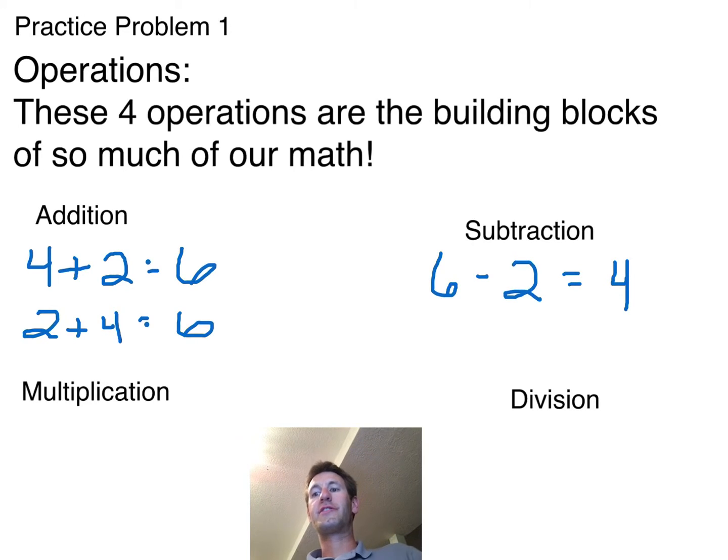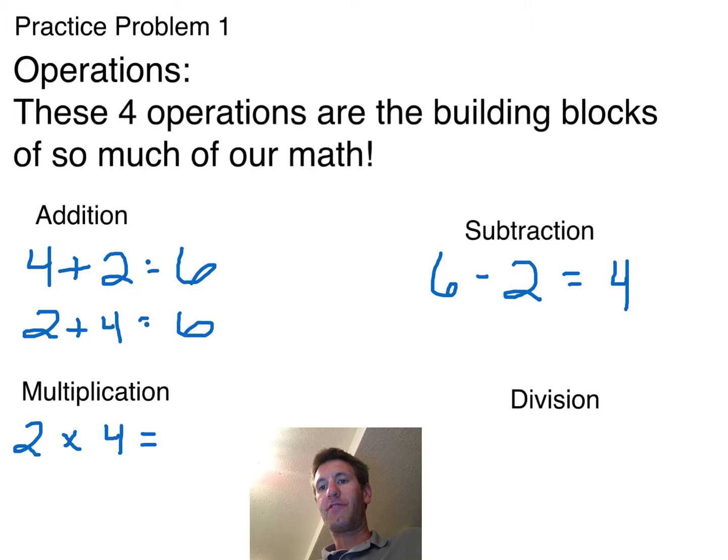Now in multiplication, it's really important to use the word multiply. We don't want to say we're going to times it. We're going to multiply it. I might take a number like 2 and multiply it by 4 and get an answer of 8. That's the same as repeatedly adding the same number over and over again.